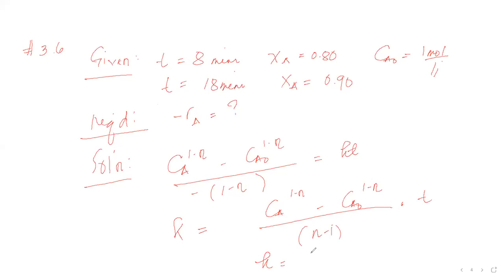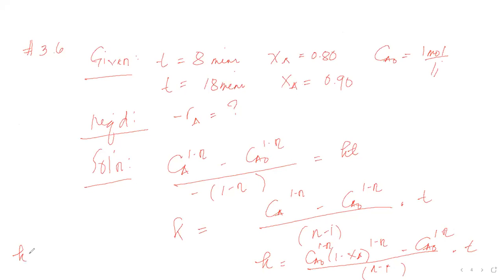You just change the CA to CAO times 1 minus XA, raised to 1 minus n, and you have CAO raised to 1 minus n over n minus 1 times T. You need to change because the provided data is in terms of conversion. CAO is equal to 1, so anything you multiply it with would simply be equal to 1. So I'll place it here.